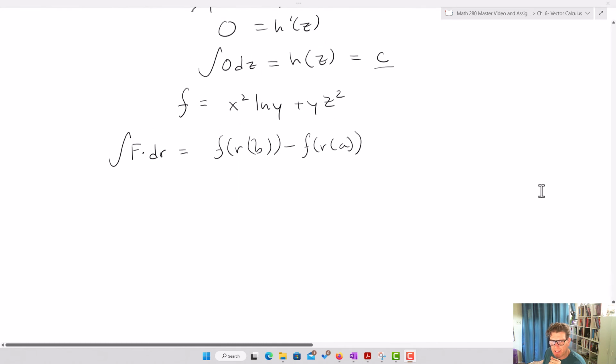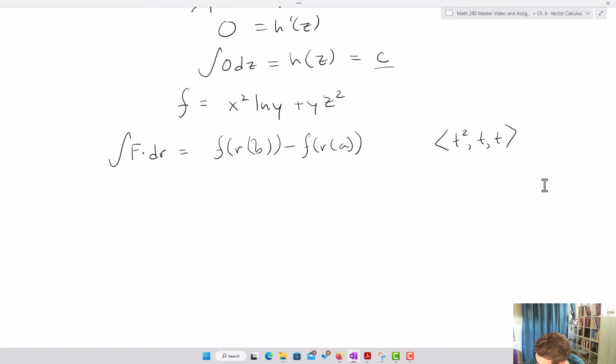So I'm going to rewrite this down here. So my values for b are going to be e², e, so that's going to end up being r of b.